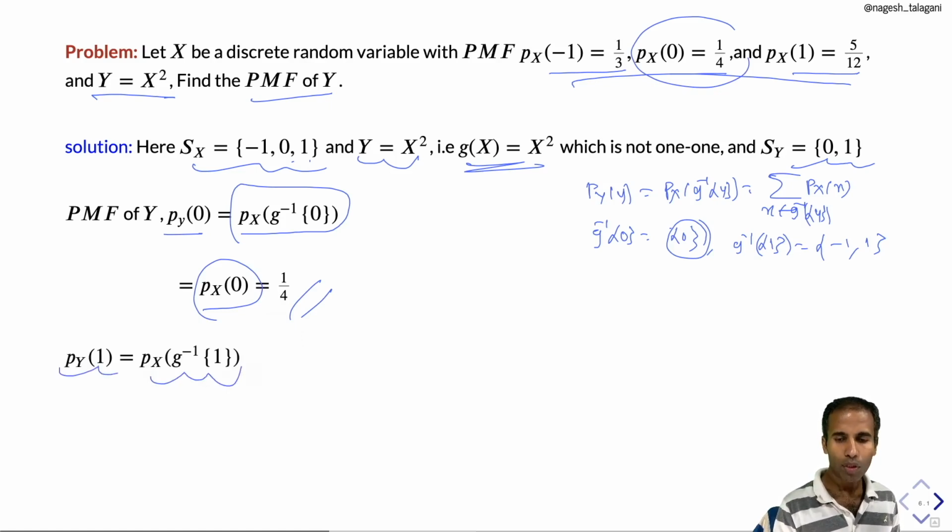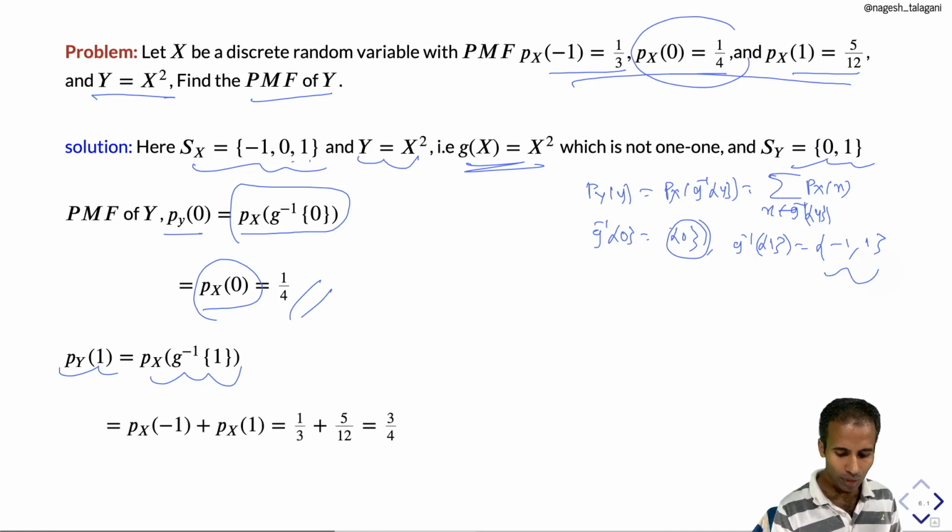Px of g inverse 1. In g inverse 1, we have two candidates here. So in the summation, we'll have two terms, that is Px of minus 1 plus Px of 1. Px of minus 1 is 1 by 3 and Px of 1 is 5 by 12. They add up to 3 by 4.